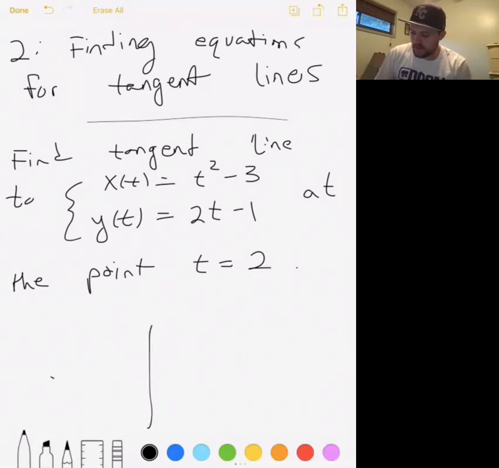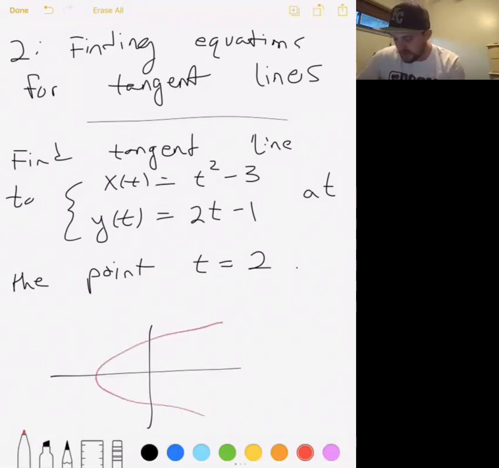Okay, so I won't draw this out explicitly, but I'll give you a sketch of what's going on here. We have some curve like this. I roughly know it's going to take this shape because I see that it's quadratic in the x direction. So there's going to be critical points along this line, right?